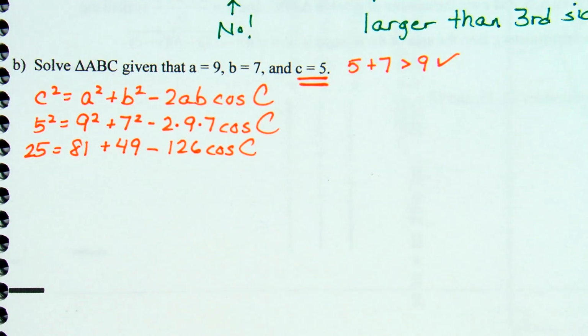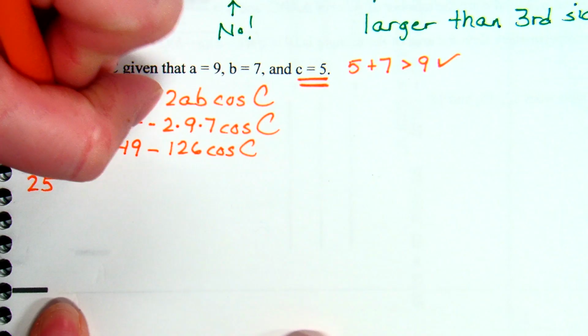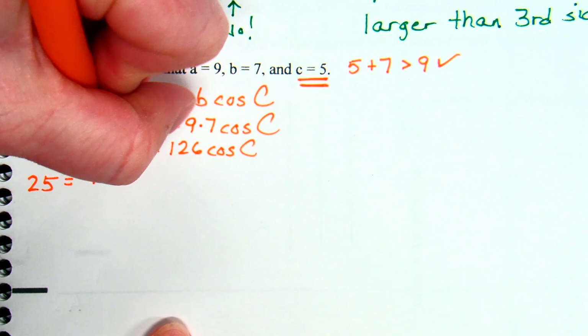And again, at some point we're going to go different directions about which steps you do next and how. I would go ahead and add 81 and 49. You wouldn't have to, though. You could go ahead and subtract them over. 81 plus 49 is 130.